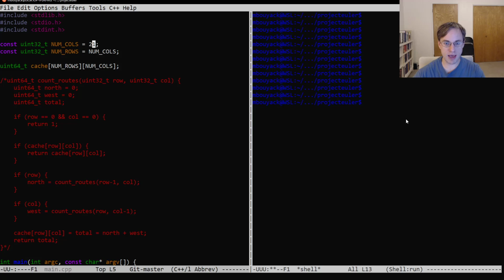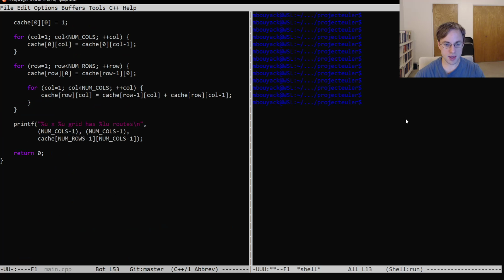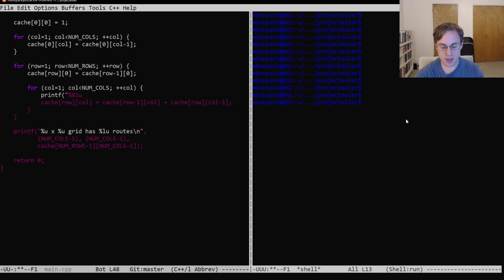Let's trim this back to just 11 columns and 11 rows. Let's go down here, and as we're filling up our table, let's print out the value in each row and column. So we'll say here printf, %8lu.